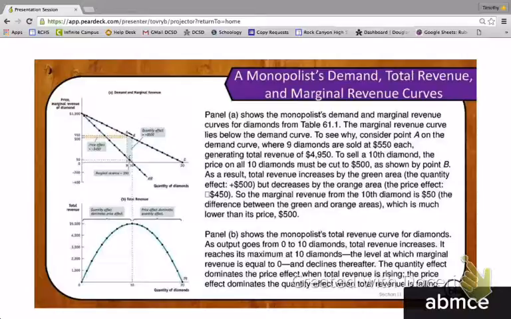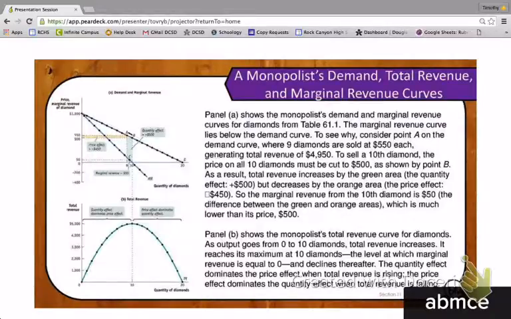To see why, look at point A on the demand curve, where 9 diamonds are sold at $550 each. It generates a total revenue of $4,950. To sell a 10th diamond, the price on all 10 diamonds must be cut to $500 from $550, as shown by point B. As a result, total revenue increases by the green area, the quantity effect, so it adds $500 to total revenue by selling the next diamond, but it decreases by the orange area, which is the price effect, decreasing total revenue by $450 by lowering the price of the first 9 diamonds.